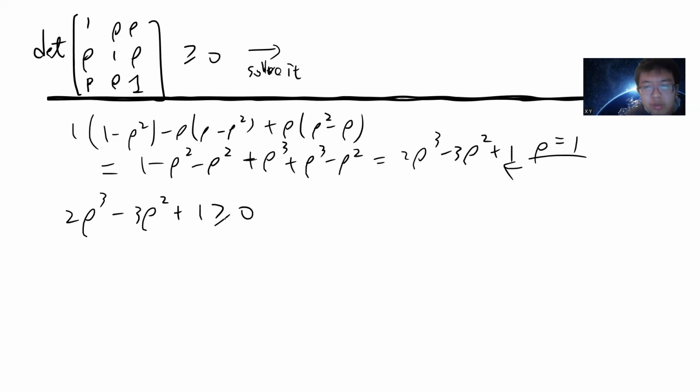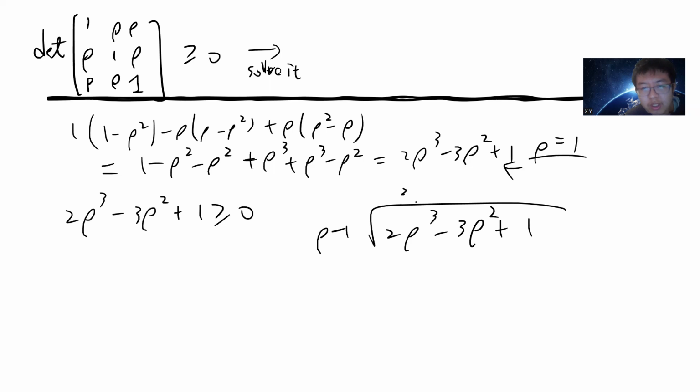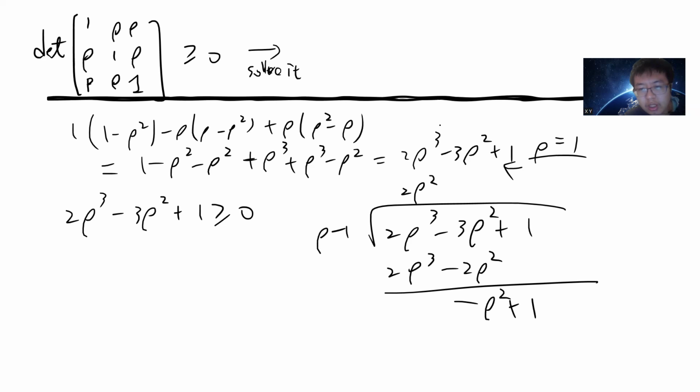I can just use undergraduate or high school polynomial division. So it's rho minus 1 times 2 rho squared, giving 2 rho cubed minus 2 rho squared, and then the remainder is minus rho squared plus 1. So this must be minus rho plus 1.